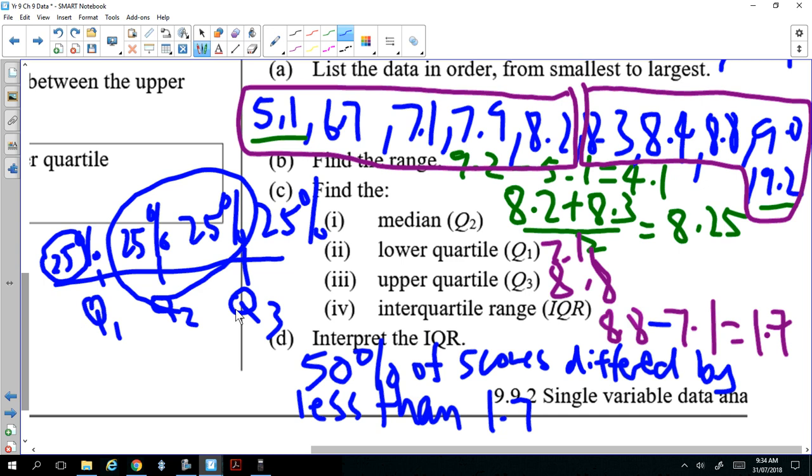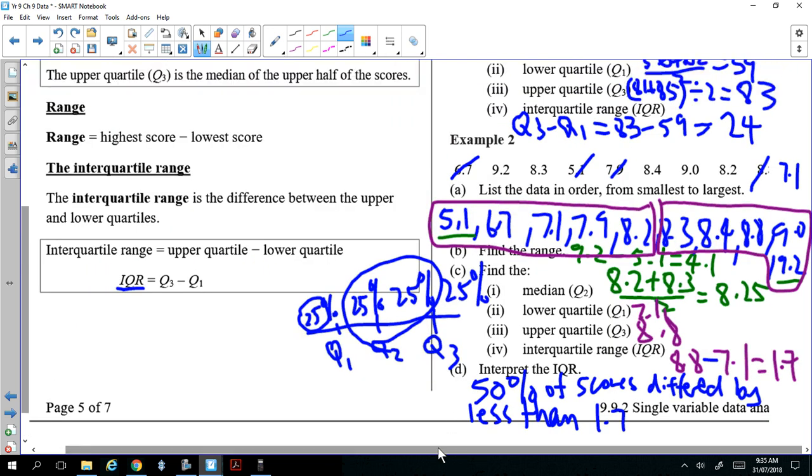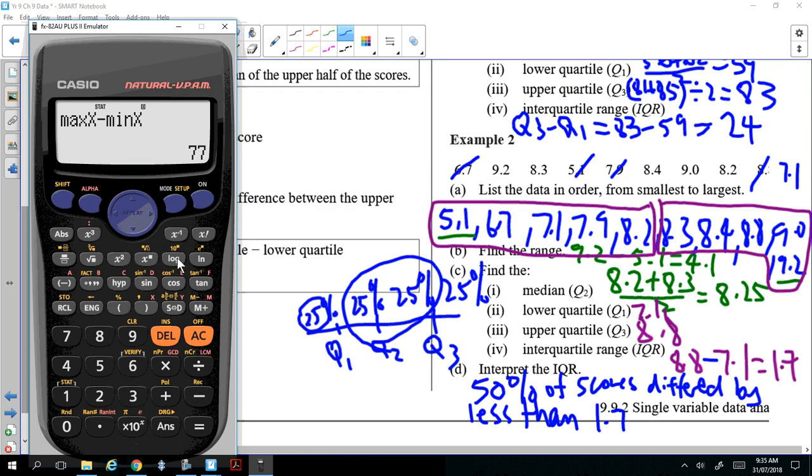Okay, continuing on. Now, let's show you again how to do it on a calculator. So you can put in the scores. Press mode 2, 1.